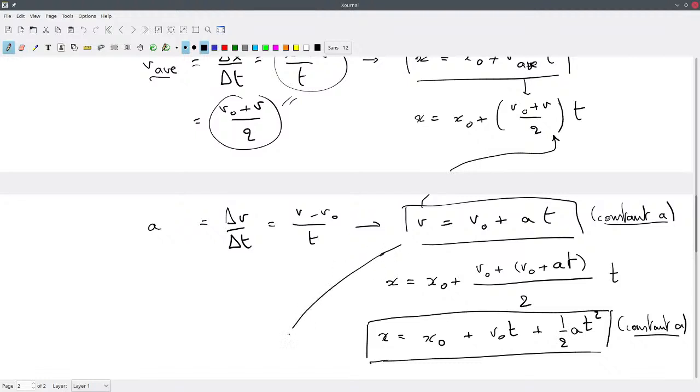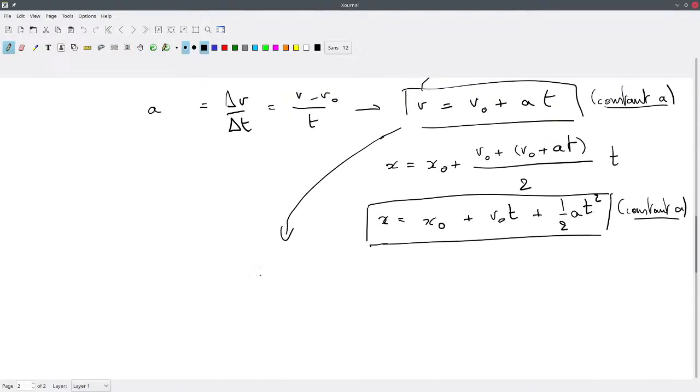So if we start from that equation, we can write that the time is equal to (v minus v0) over the acceleration. In other words, this tells us the time that it takes to get a certain change in velocity given a certain acceleration.